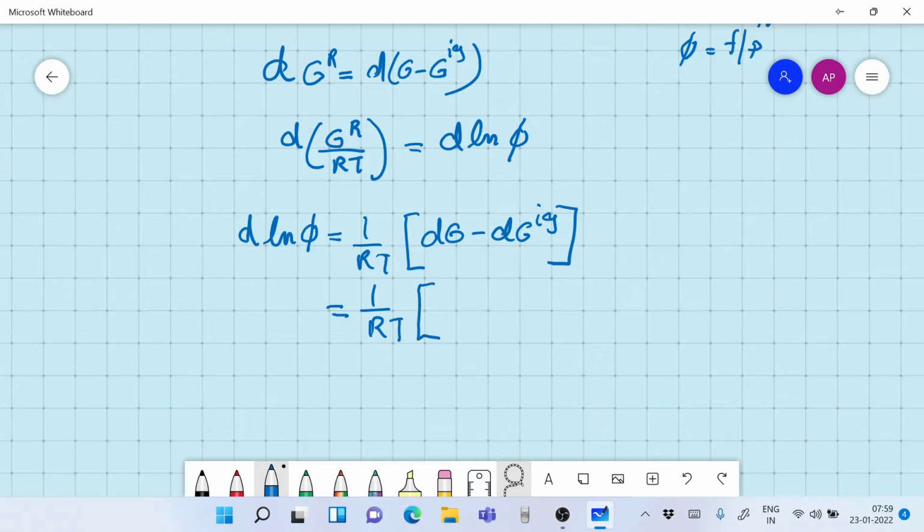Now dG is V dP for a real gas minus V ideal gas dP.